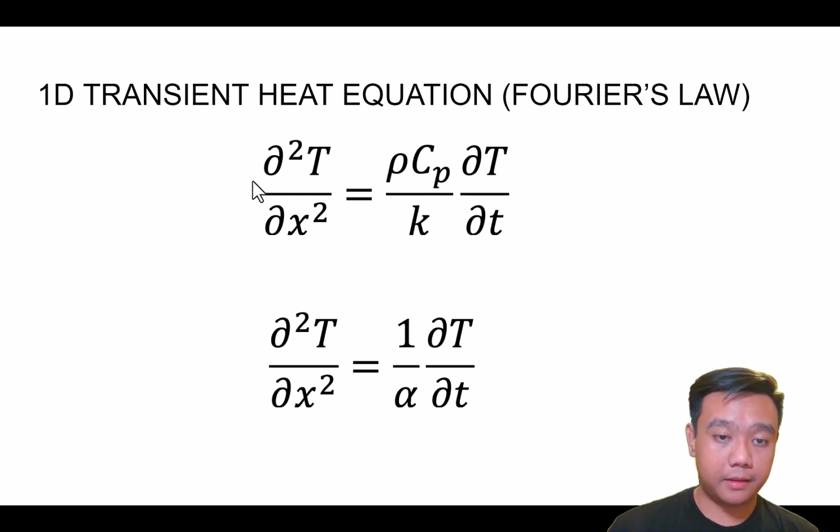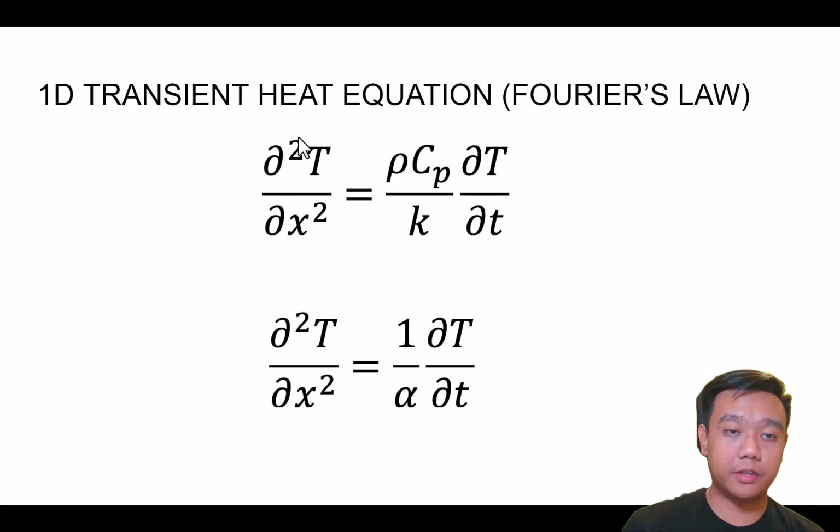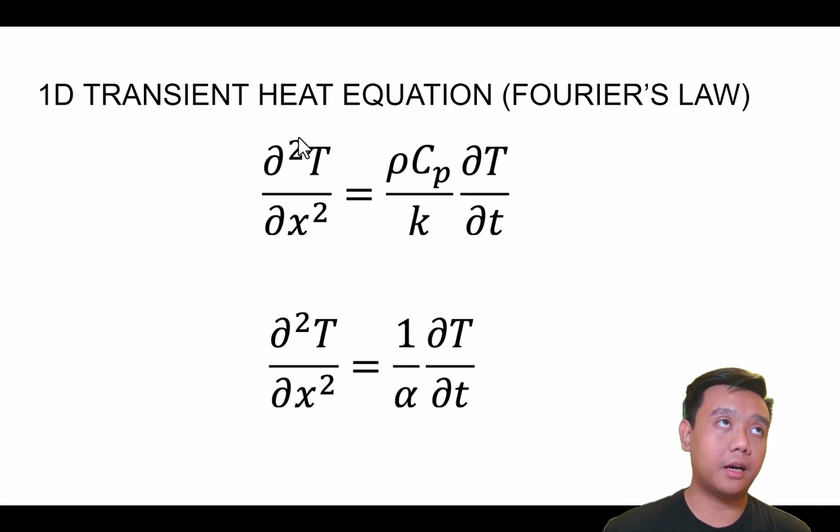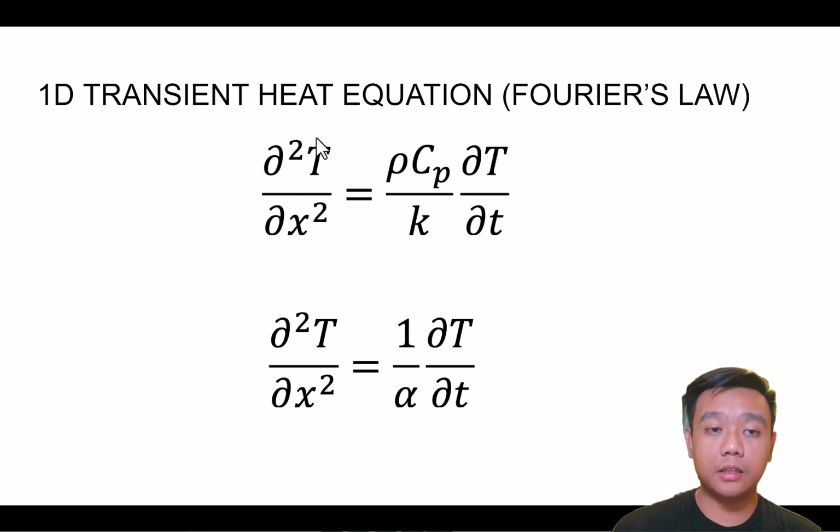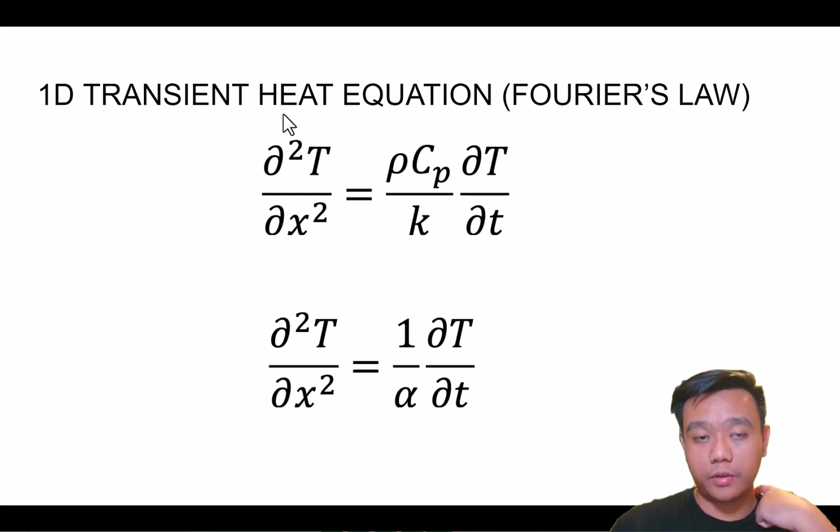This equation, the second order partial differential equation, is also known as the diffusion equation. Maybe I will discuss it later. I hope if you understand this, it will be easier to explain the difference between the diffusion equation, convection, and anything like that.